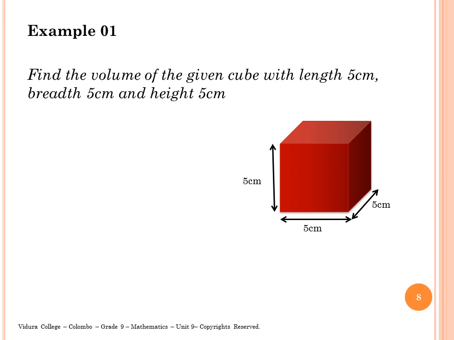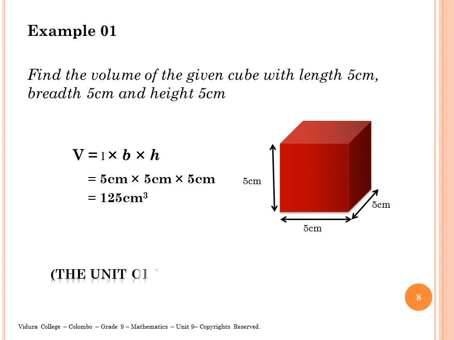Therefore, we can apply the formula V equals LBH. 5 cm into 5 cm into 5 cm, 125 cm³. Centimeter to the power 3 we read as cubic centimeters. So that is the unit of volume, cubic centimeters.